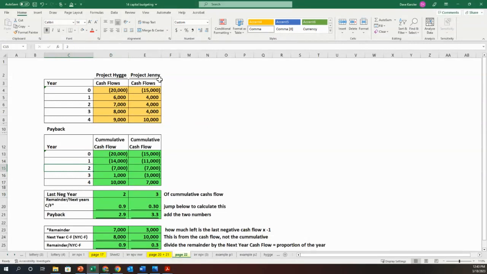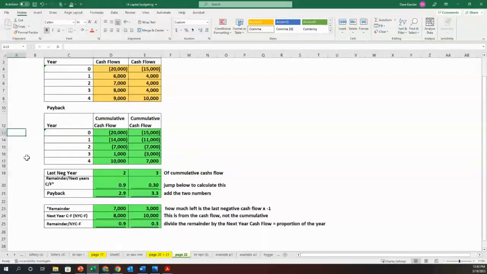For Project Jenny, Yuga is the name of my boat, Jenny is the name of my dinghy. The last negative year of cumulative was year 3. So I linked to year 3. Then we have to take the remainder divided by next year's cash flow, and we have to add it to the last year.